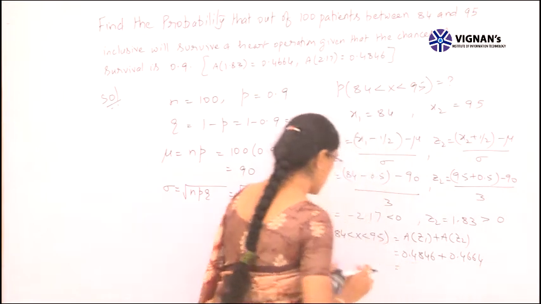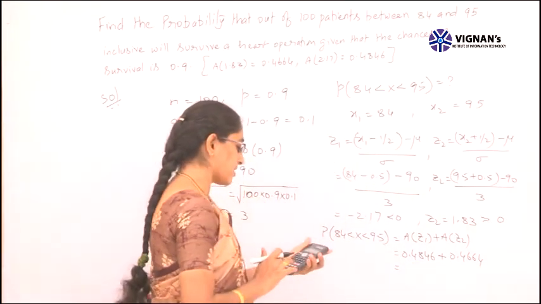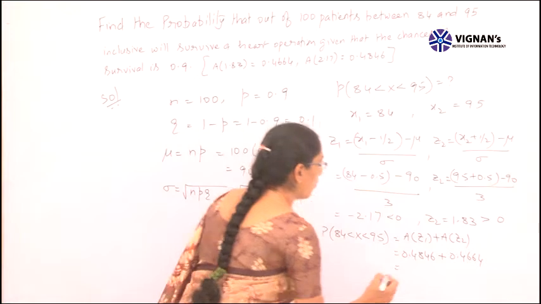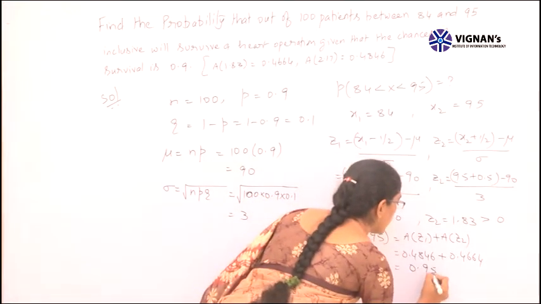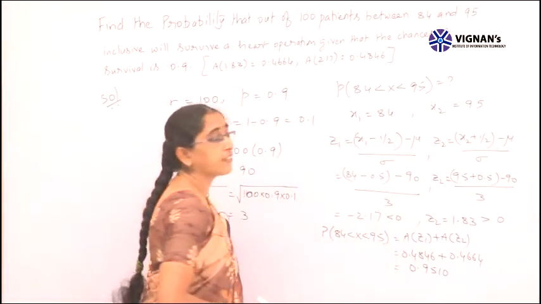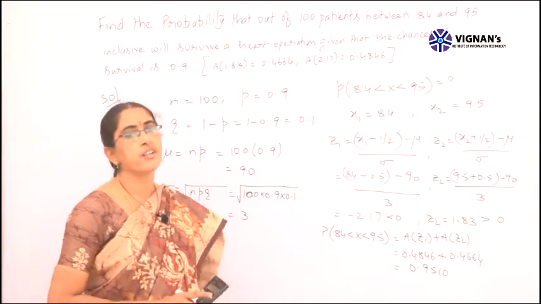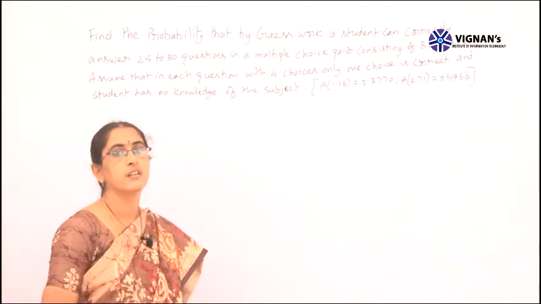If we add these two, 0.4846 plus 0.4664, it is 0.9510. So the probability that between 84 and 95 patients will survive from the heart operation is 0.9510.